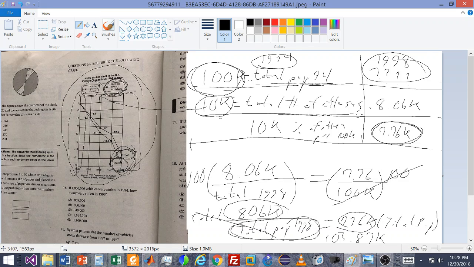So now we have this number up here. Finally, we've kind of bootstrapped our way up to it. 103.87 thousand is the total population in 1998. So you can see that from our assumption of 100,000 in 1994 to 1998, now the population is 103.87 thousand.